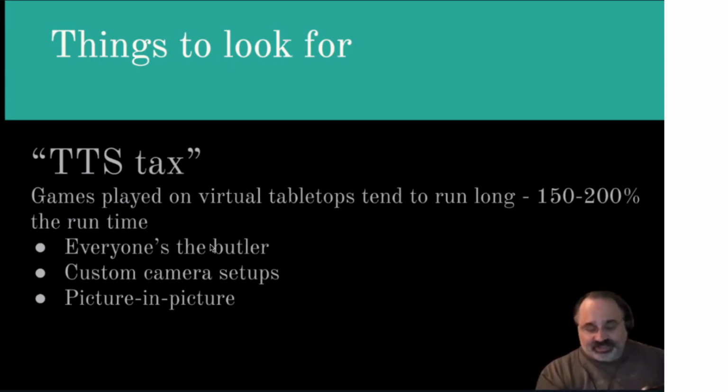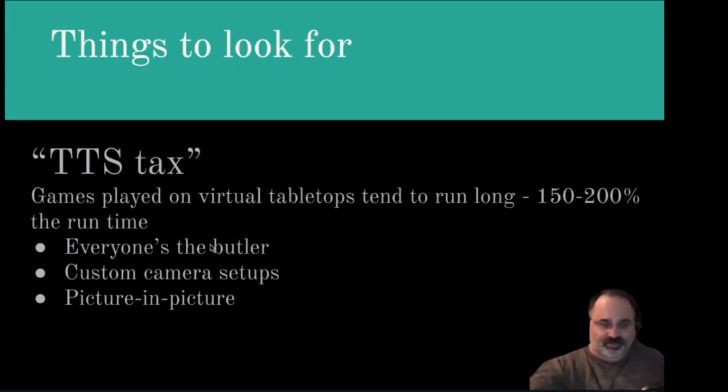Even better, you can actually drag things between the main window and the picture in picture window, so you can move things easily from the personal board to the main board and vice versa. So having picture in picture when you're playing Tabletop Simulator for a complex game is very, very useful, and that tends to save a lot of time. So those are my 3 tips to help fight TTS tax.